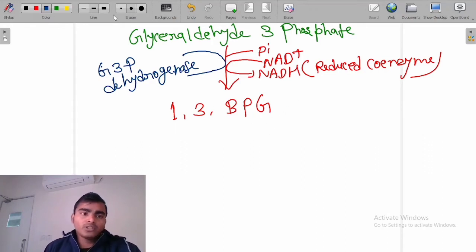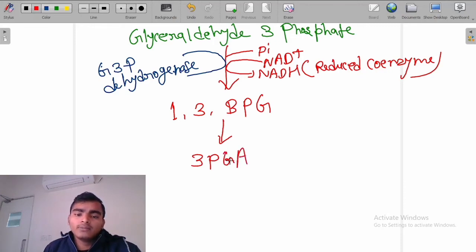Now the next step is what? The next step, 1,3 biphosphoglycerate will be converted into 3-phosphoglycerate or 3-phosphoglyceric acid. Now there are two phosphates in this 1,3 biphosphoglycerate. The first phosphate is on the 1st prime carbon, the second phosphate is on the 3rd prime carbon.